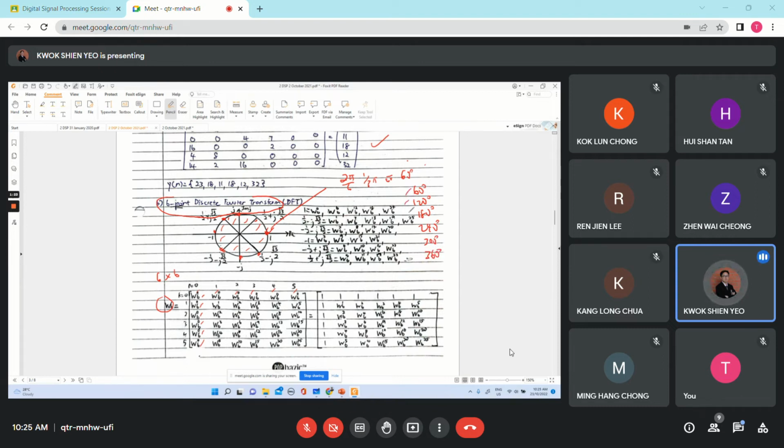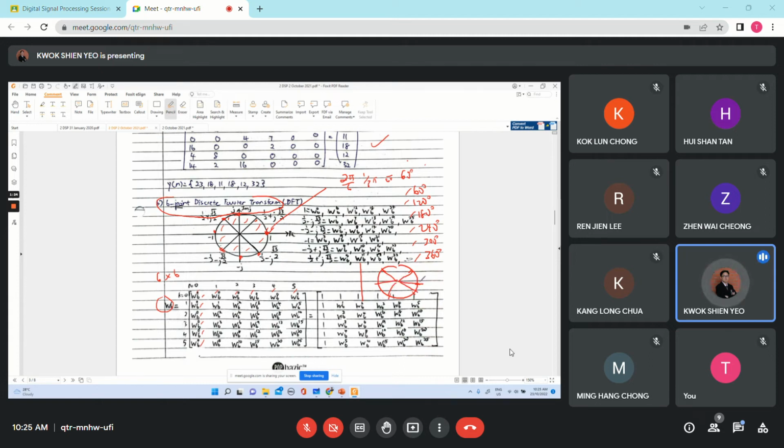So 1, 2, 3, 4, 5, 6. So you draw a circle according to this. So this one.